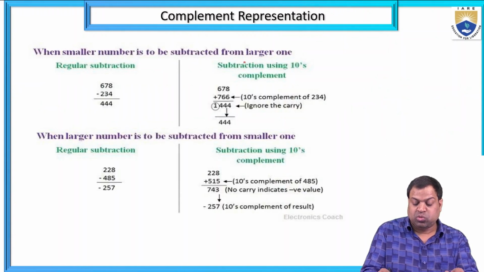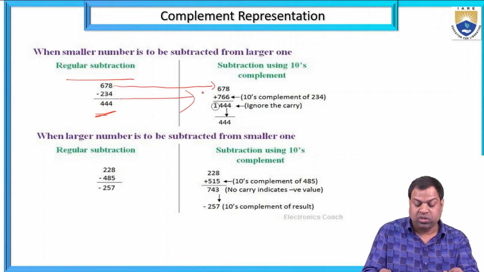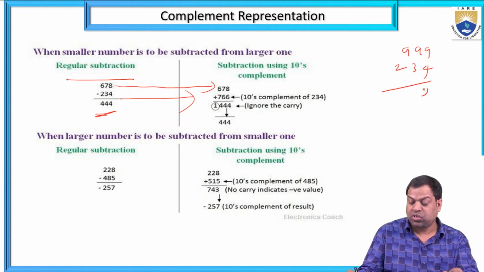When a smaller number is to be subtracted from a larger, 678 minus 234 is 444. When applying the tens complement, 678 stays common, and we apply the nines complement to 234. 9 minus 4 is 5, 9 minus 3 is 6, 9 minus 2 is 7, so 765 plus 1 is 766.